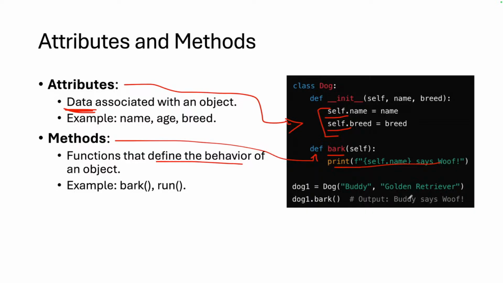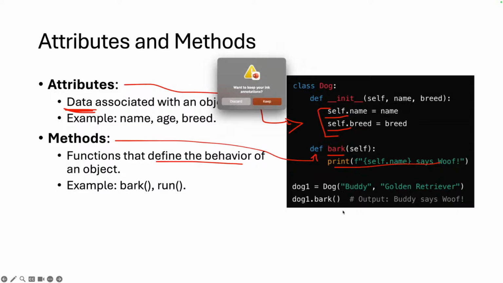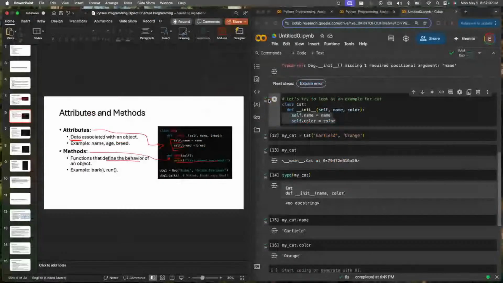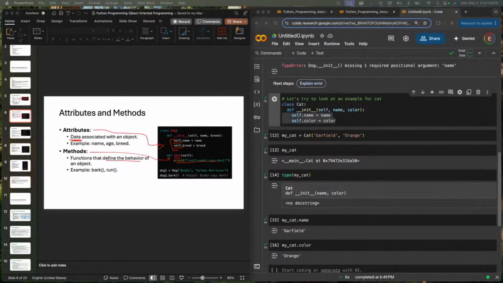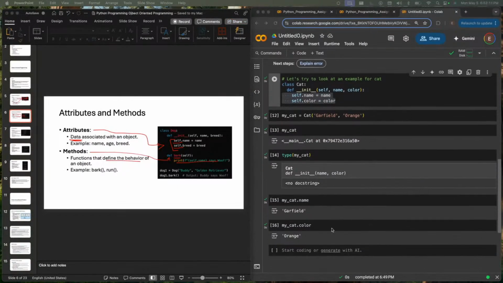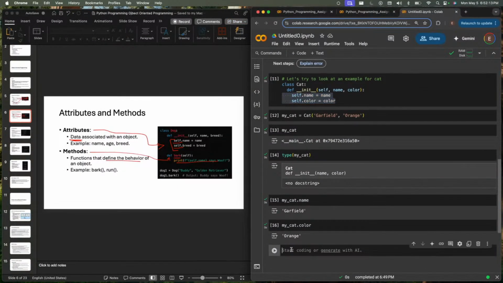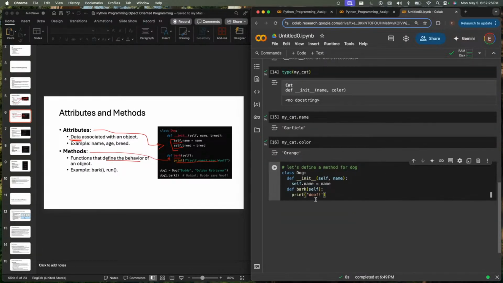Let's look at an example. Let's define a method for dog.